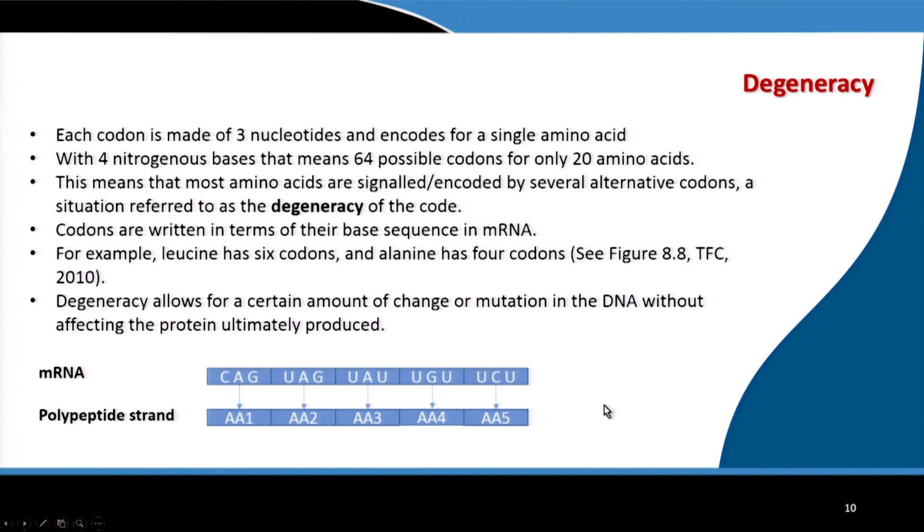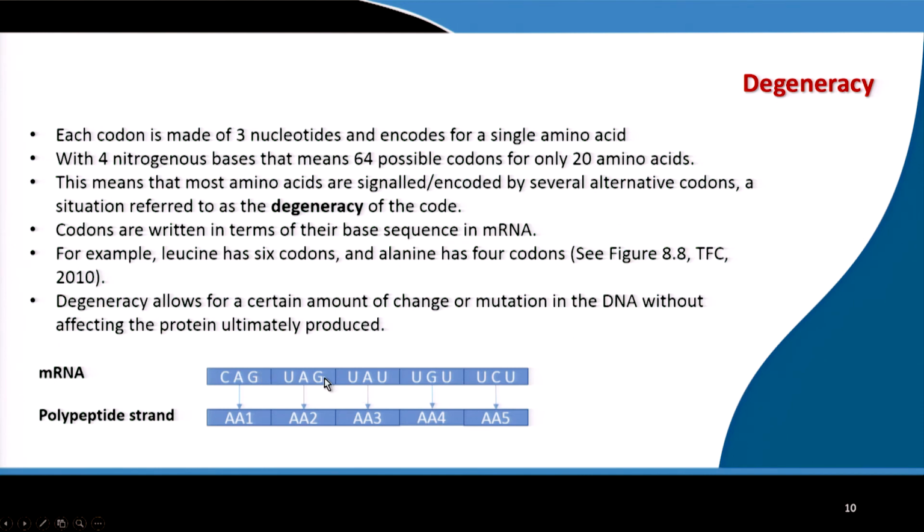Let's take an example here. Each codon is made of 3 nucleotides. In the messenger RNA, we have a whole sequence of nucleotides, and each sequence of 3 nucleotides is called a codon. If we look at this rough sketch over here, this is an mRNA strand, and each segment is a codon.